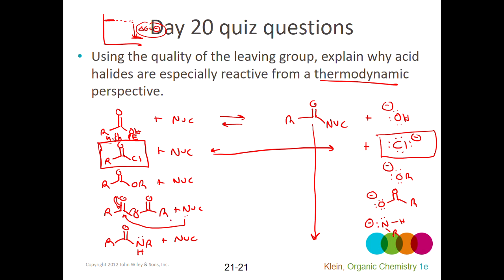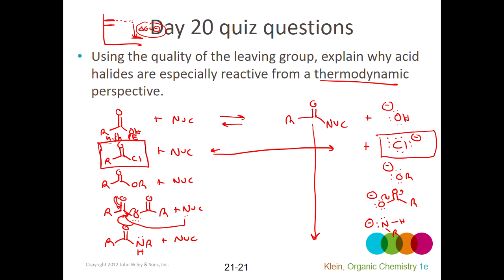And so which one would be next most product favored? Well, it would be the anhydride. So even though the oxygen here can donate electrons through resonance to help stabilize the positive, the reactant maybe doesn't start quite as high in energy. The product, the leaving group, is also stabilized by resonance. So it's pretty stable.